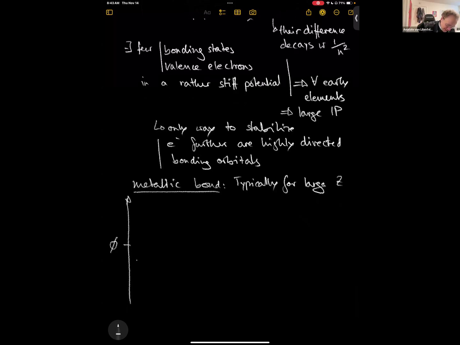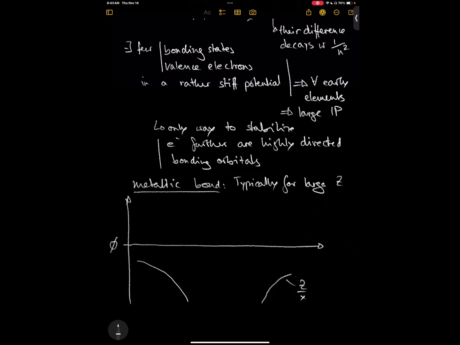Now your potential is much broader, right? Because your Z over the distance, the Z is much larger, and you have much more electrons, right?